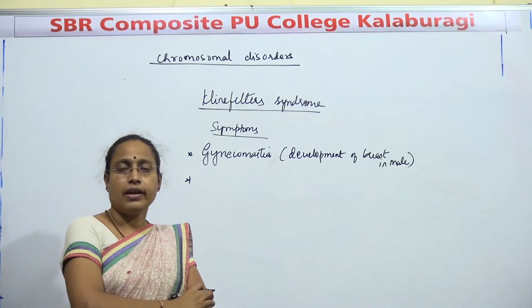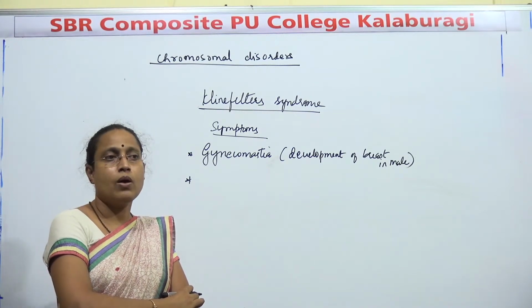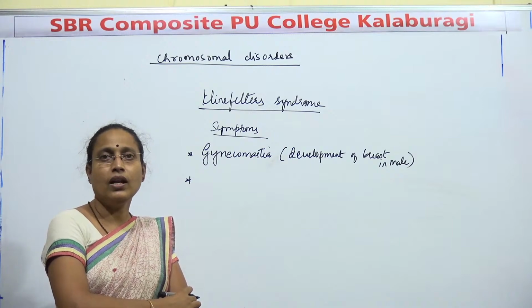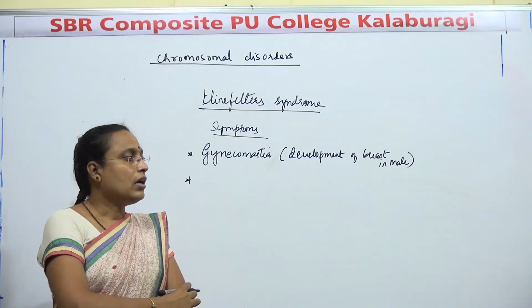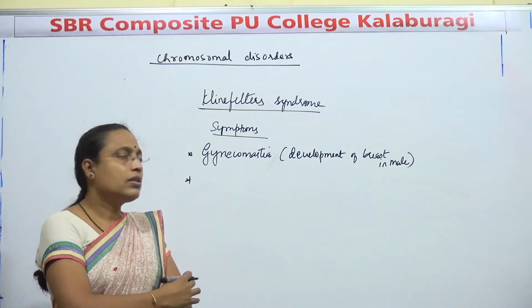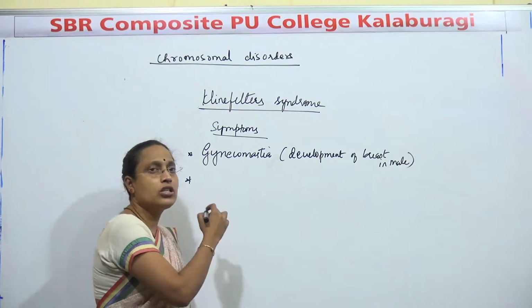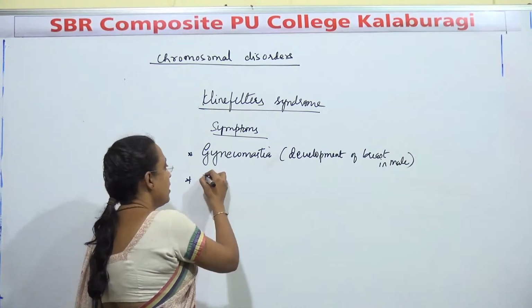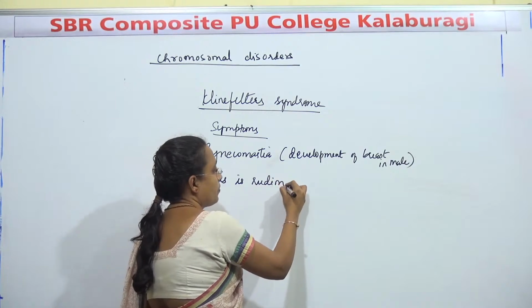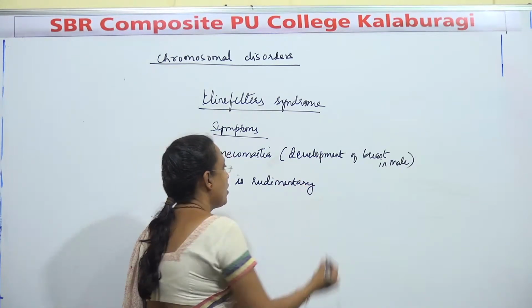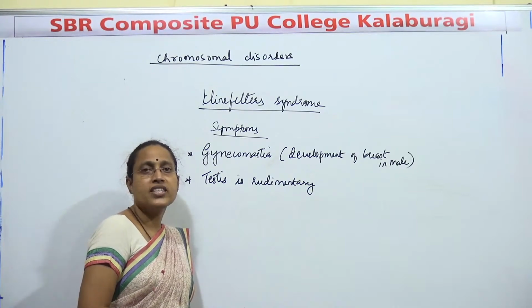So there's gynecomastia. Other symptoms include, since these are inborn diseases, remember, like Down syndrome, these diseases occur by birth itself. So they are also chromosomal diseases. Then another consequence of Klinefelter's syndrome is that the testis is not well developed. That is, the testis is rudimentary, which means the testis is not functioning. It cannot produce sperms.